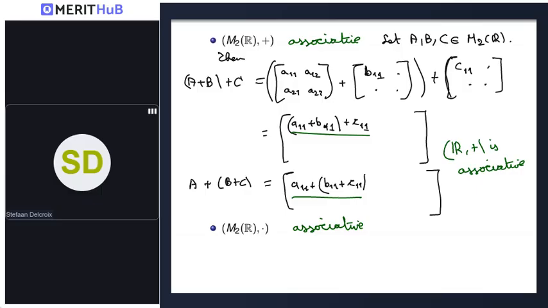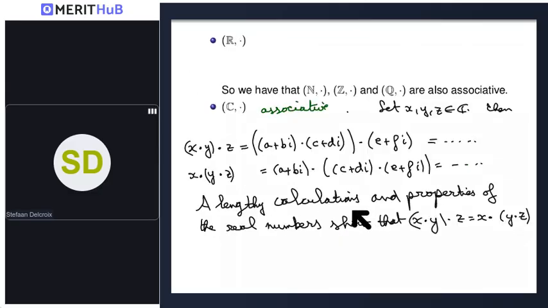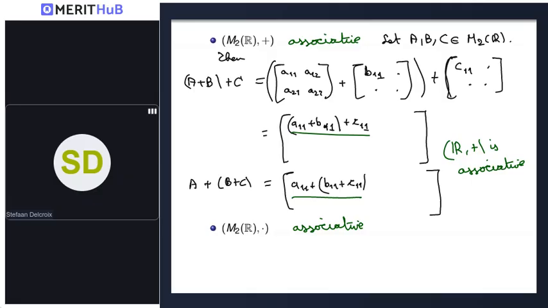The matrices under multiplication, weirdly enough, maybe, is also associative. But if you thought that it was a lengthy calculation to show that the complex numbers are associative, the matrices, it's a lot worse. This is a very lengthy calculation.